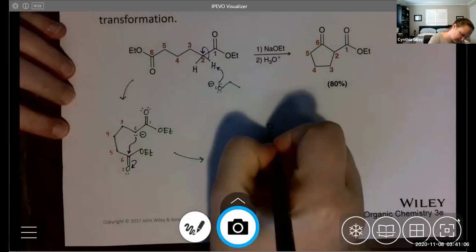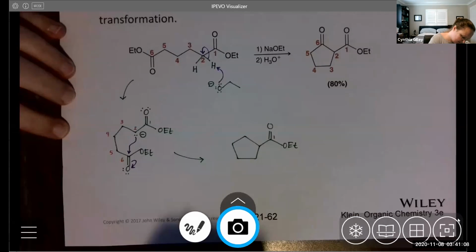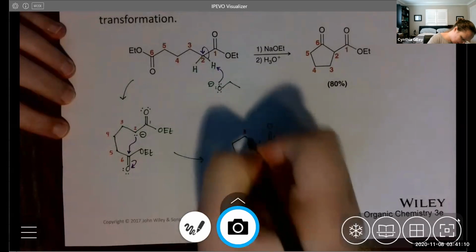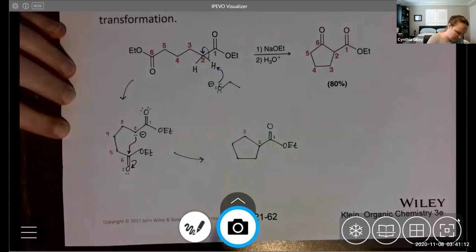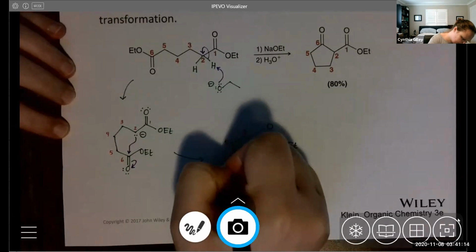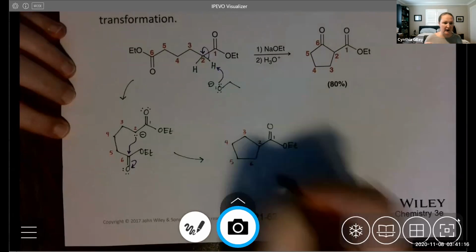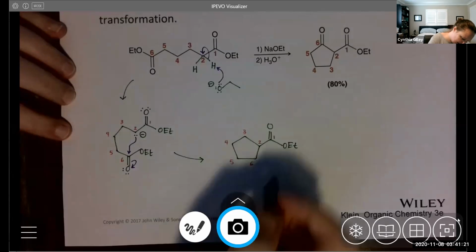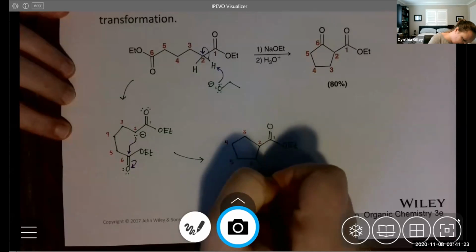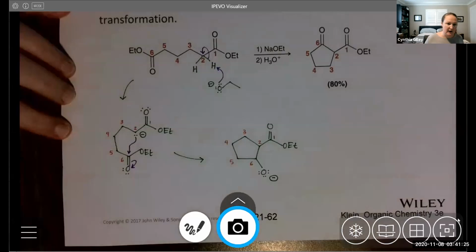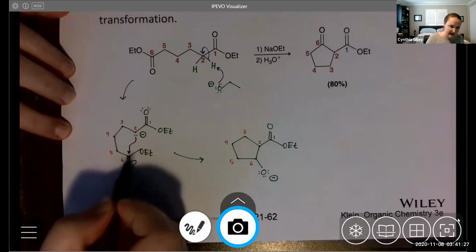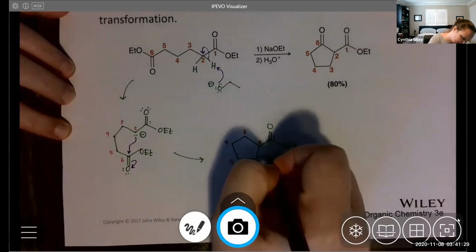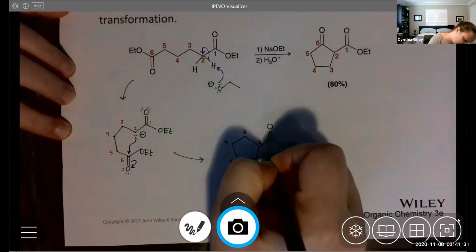So this is carbon number 1, carbon number 2, and then 3, 4, and 5 should all be methylenes. And that makes this carbon number 6. So at carbon number 6, we have generated an oxygen with a negative charge, and we also have this ethoxide substituent that we can draw in.